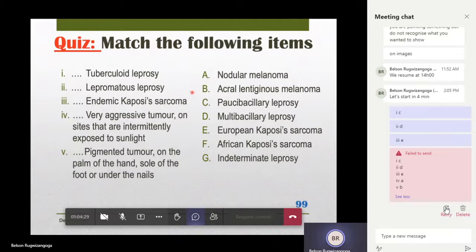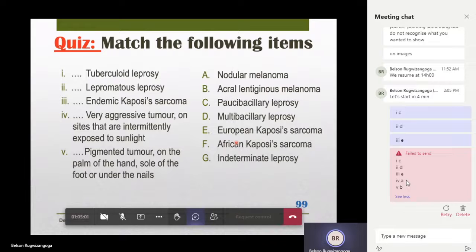Okay, so we can give the corrections. Tuberculoid leprosy, we saw that it is paucibacillary leprosy. So 1 to C. Lepromatous leprosy is multibacillary leprosy. So 2 to D. Endemic Kaposi sarcoma is the same as European Kaposi sarcoma, as I mentioned, and the African is epidemic or HIV associated.